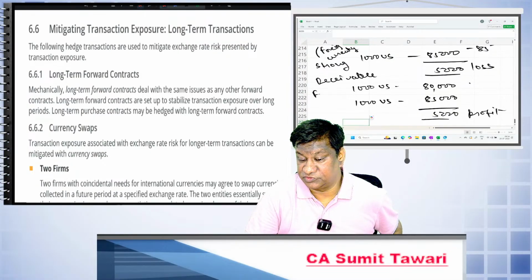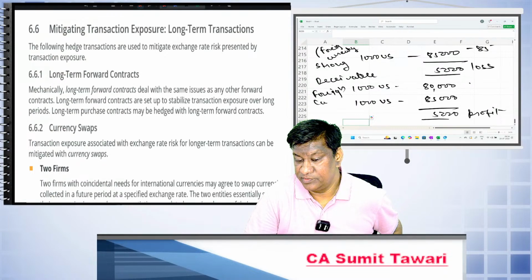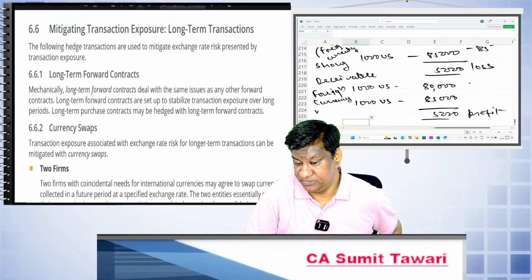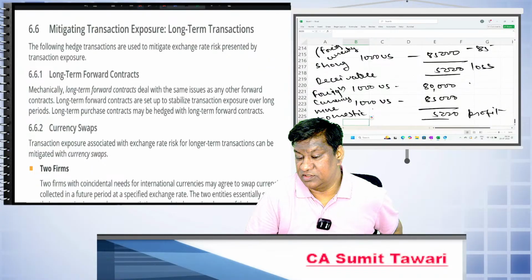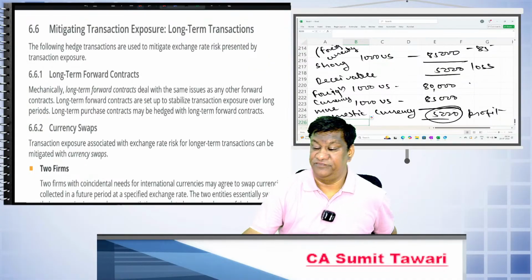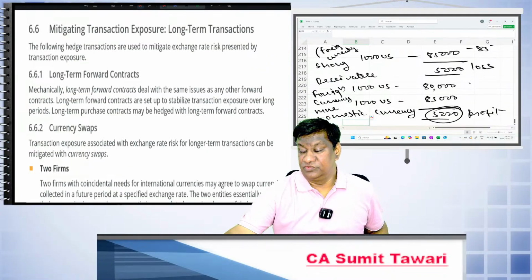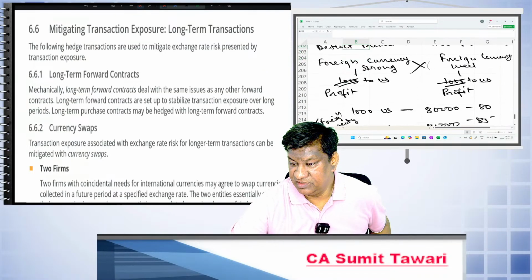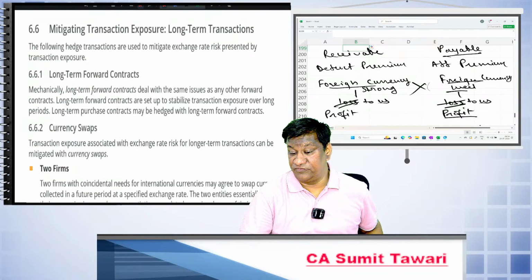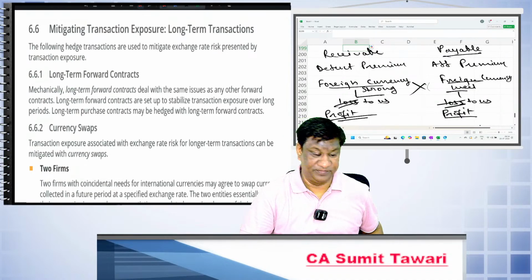If the foreign currency is strong, I'm getting more domestic currency, so in that situation I'm getting a 5,000 profit. So let us revise here. In case of the payable, if the foreign currency weakens, then it is a profit to me. In case of the receivable, if the foreign currency is strong, then it is a profit to me.